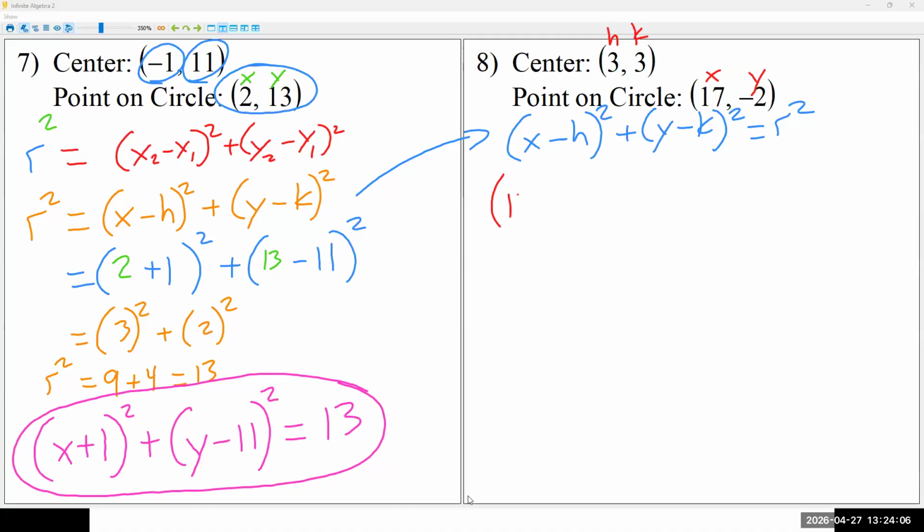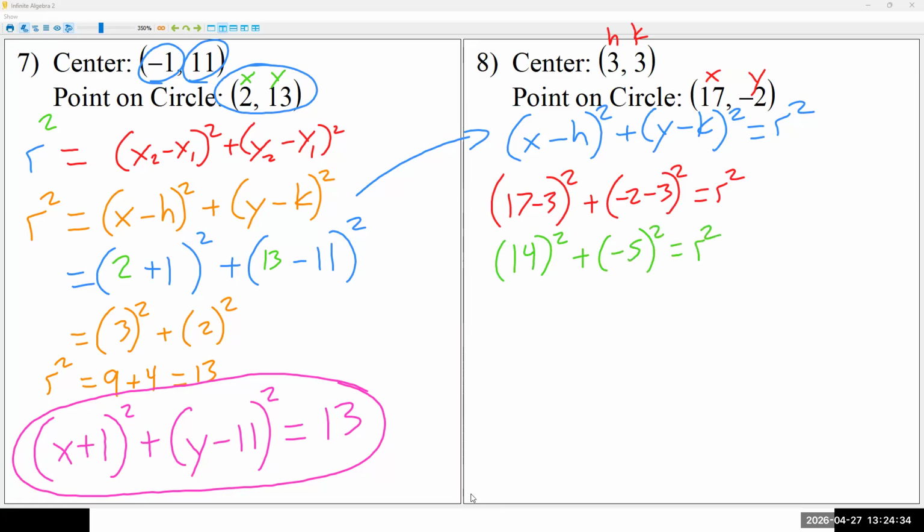So I have 17 minus 3 plus -2 minus 3 equals r squared. 17 minus 3 is 14. -2 minus 3 is -5.